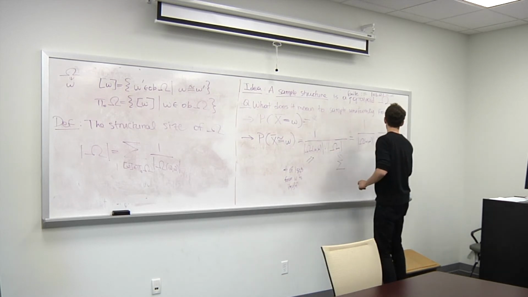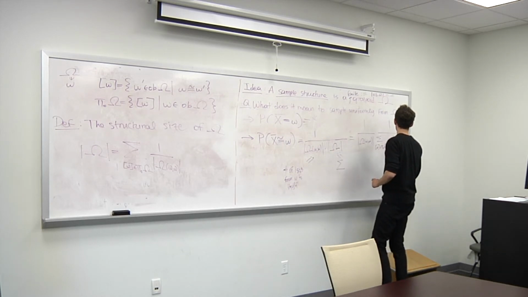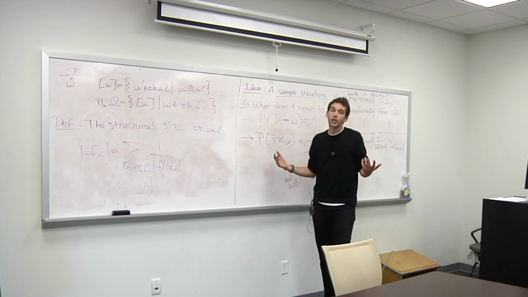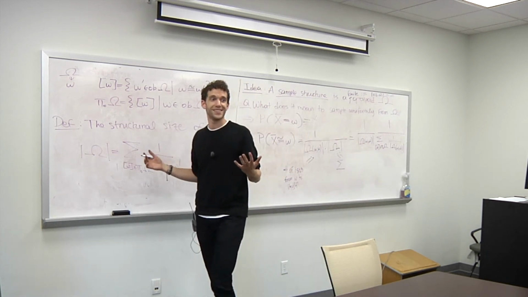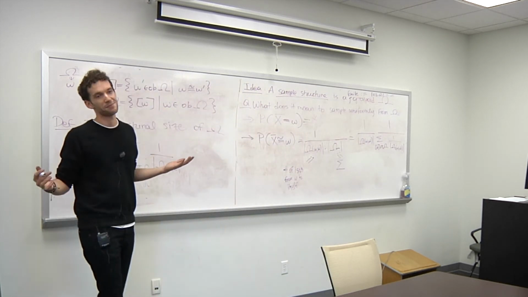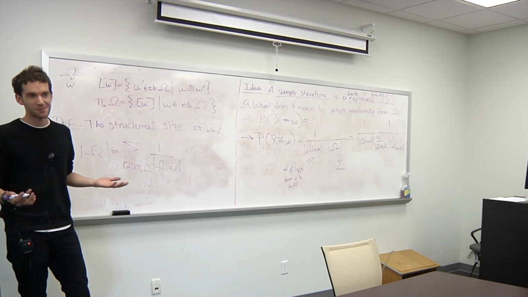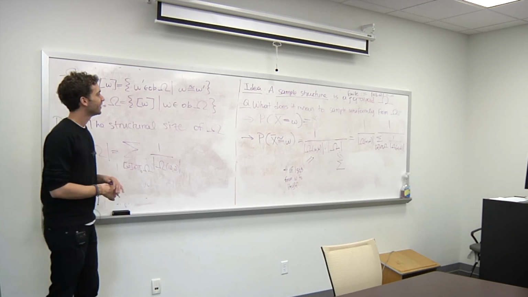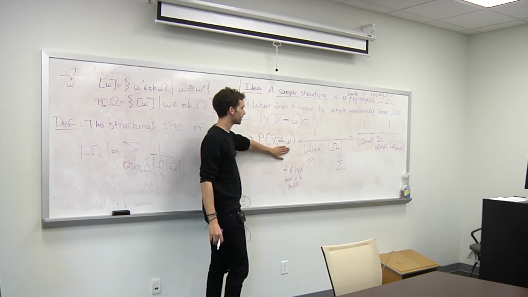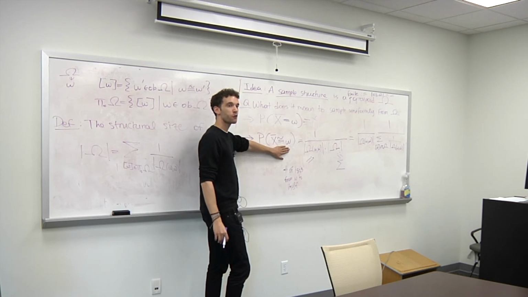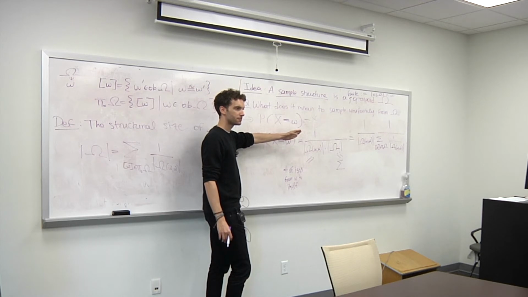Oh, yes, it's 1 over. I wrote it. 1 over omega. Okay, there's a few components, but it's very simple. It's extremely simple to calculate. There's no deep mathematics going on there. So this is what it means for something to be sampled uniformly up to isomorphism. This is the formula.